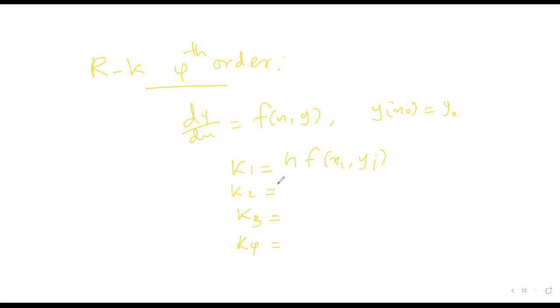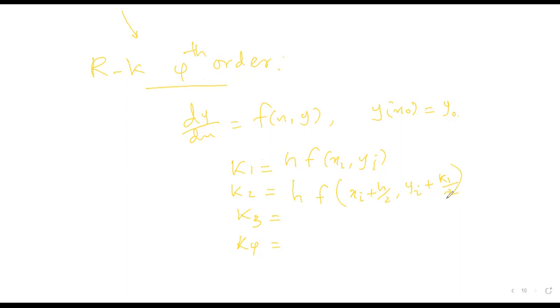Okay, so K2 will be h of f of, see here, xi plus h by 2, so half of the h, and again yi plus half of this K1. As you know, rather than the second order, the fourth order will reach the exact solution much more accurately.